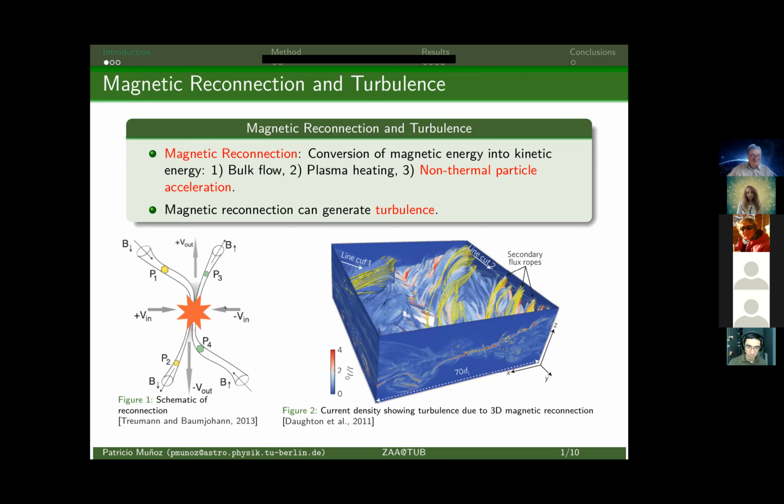The left panel, that I forgot to mention, is just a standard picture of magnetic reconnection. The magnetic field reconnects and the plasma flows go in the perpendicular direction to the inflow direction.